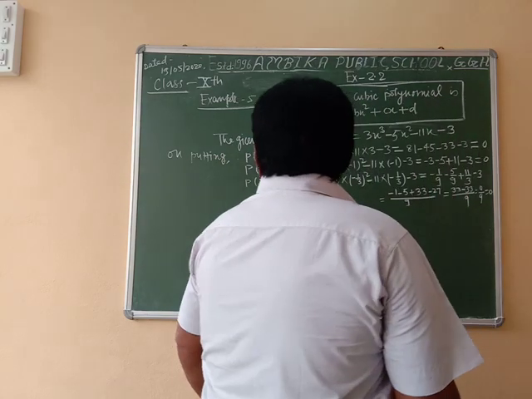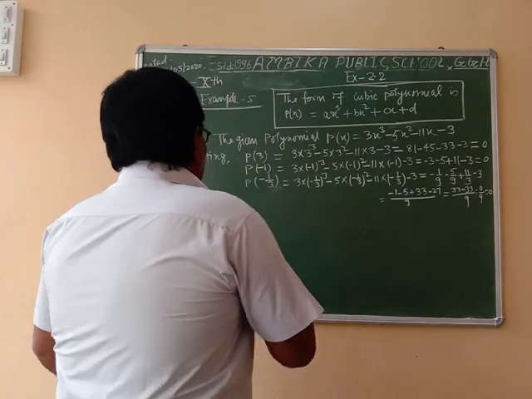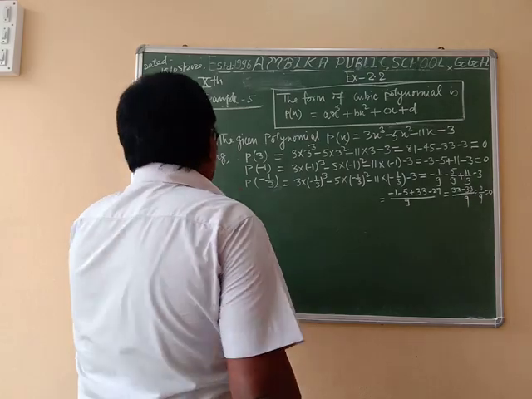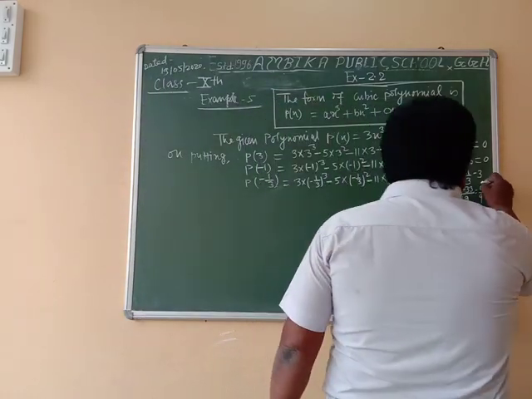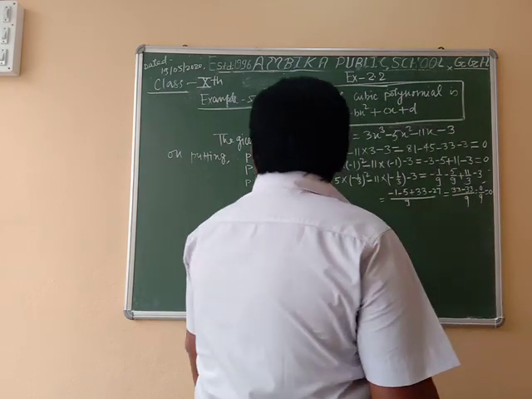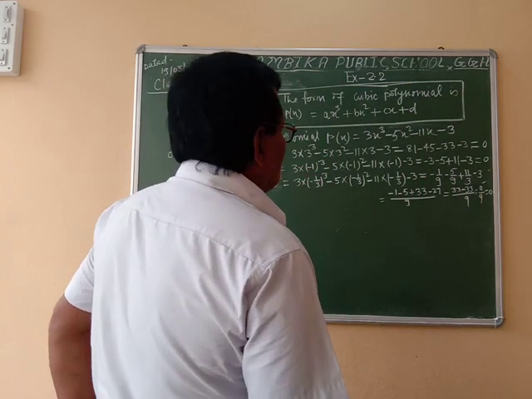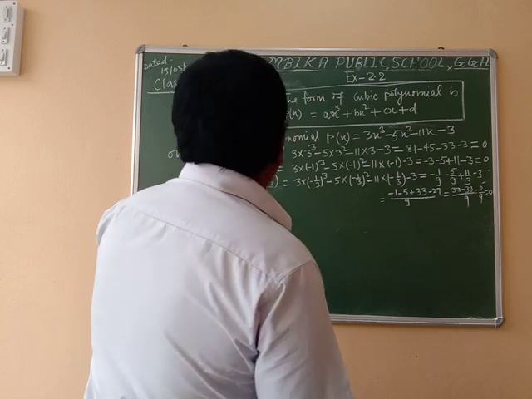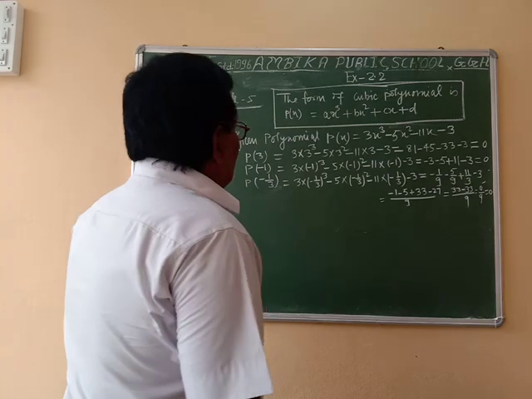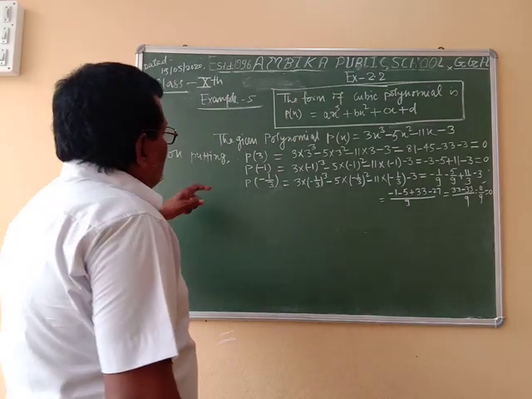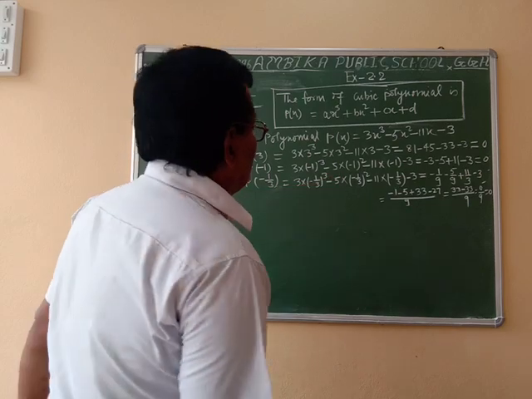We see that if we put the values of the zeros in px, the result is 0. So it is proved that 3, minus 1, minus 1 by 3 are the zeros of the polynomial px. We were asked to verify that 3, minus 1, minus 1 by 3 are the zeros of the polynomial.